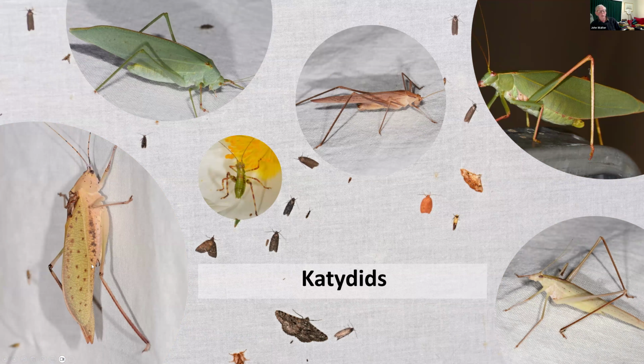This particular one here on the left, this was recorded at a light sheet in Seymour, and 2 weeks later I recorded another one at Crosby Nature Conservation Reserve just north of Heathcote. So that species had not been recorded in Victoria previously. And it's not unusual that you find that sort of stuff.